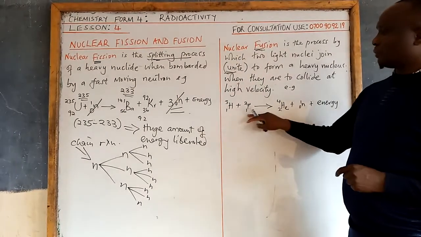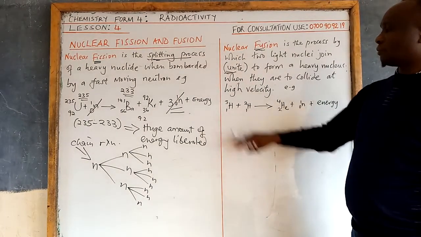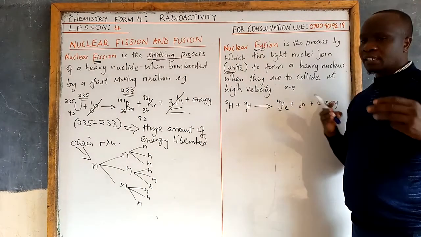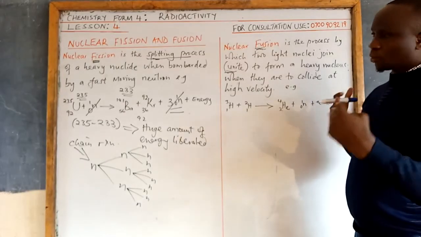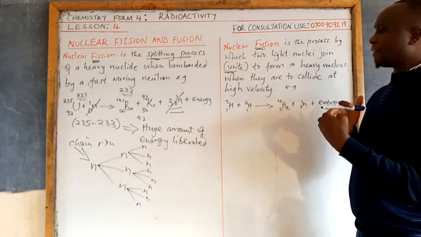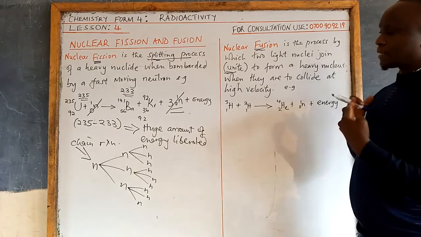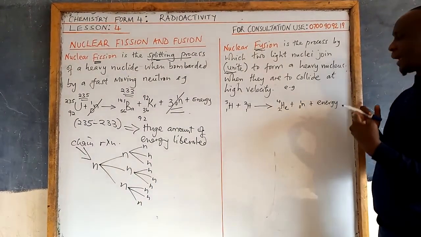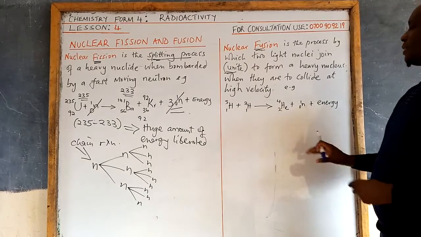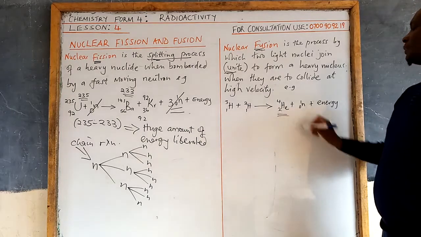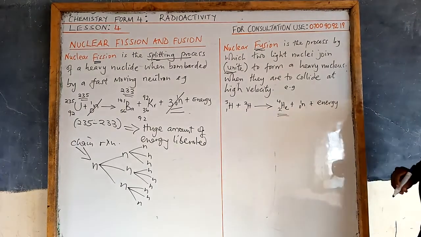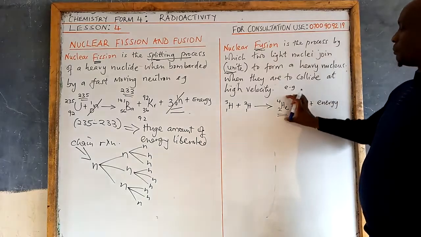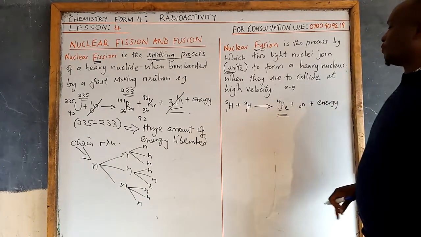So the nucleus of hydrogen 2 and the nucleus of hydrogen 3 can be projected from opposite directions so that they meet at a very high velocity, and when they collide, they form another nucleus, in this case helium. So you can say this is heavier than either of these two.